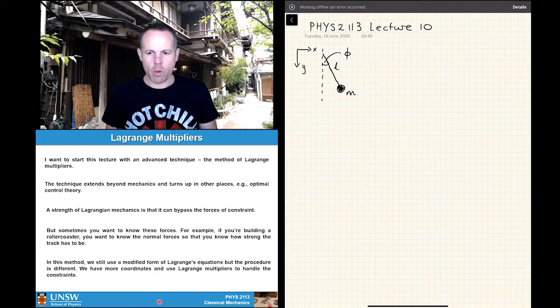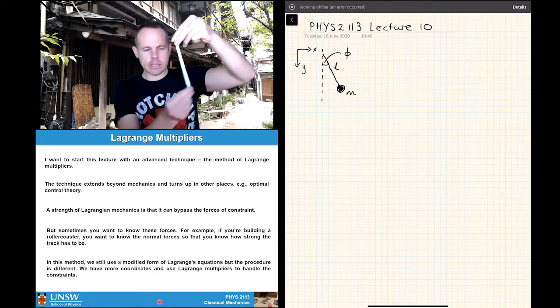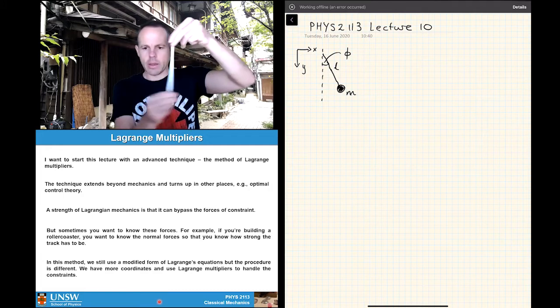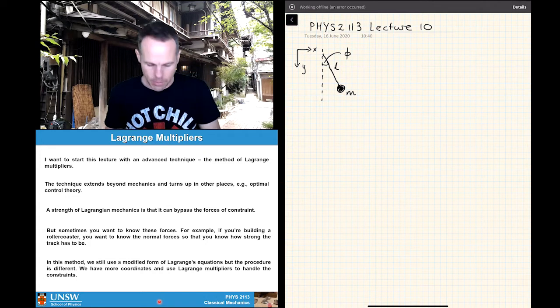You'll remember that when we were talking about constraint forces, we had this thing called a constraint equation that connected some of the parameters to something that defines the constraint. In the case of our pendulum, we say that our coordinates x and y are constrained such that they maintain the length L of the rod or string in the pendulum.